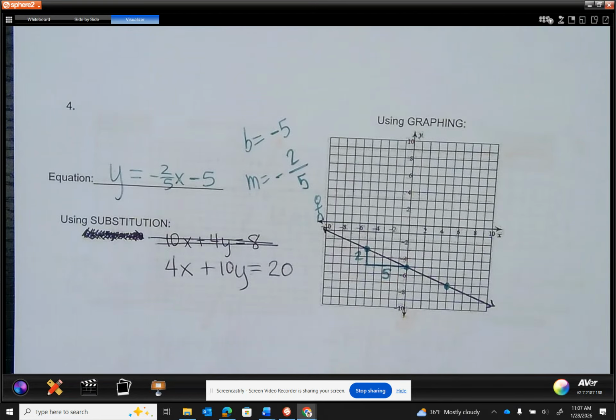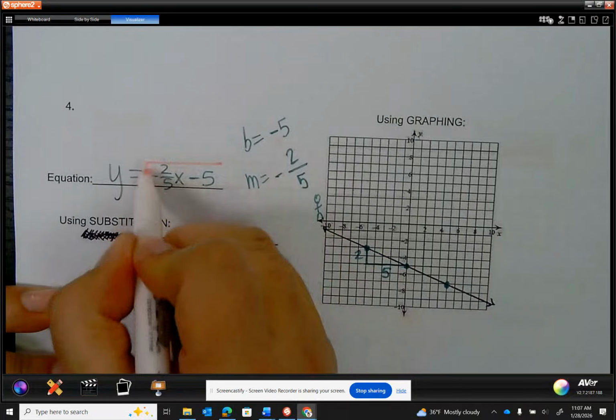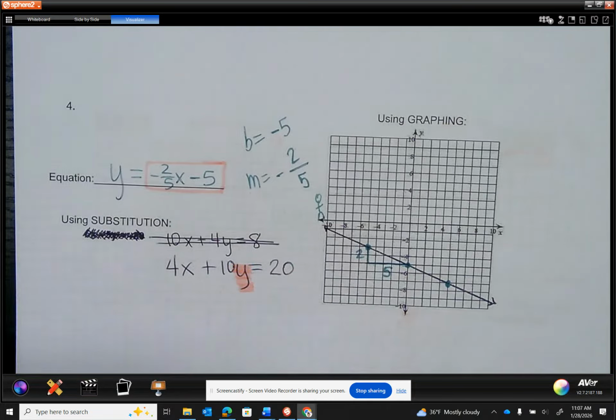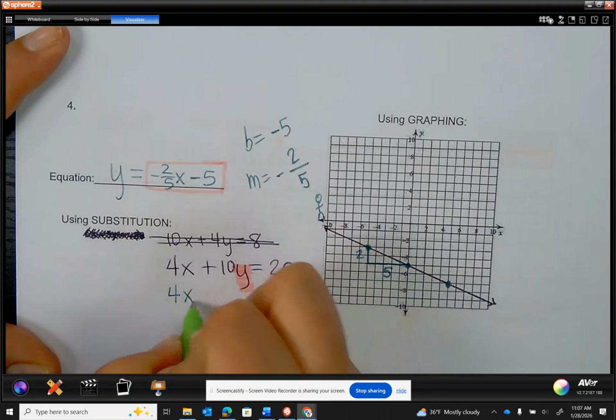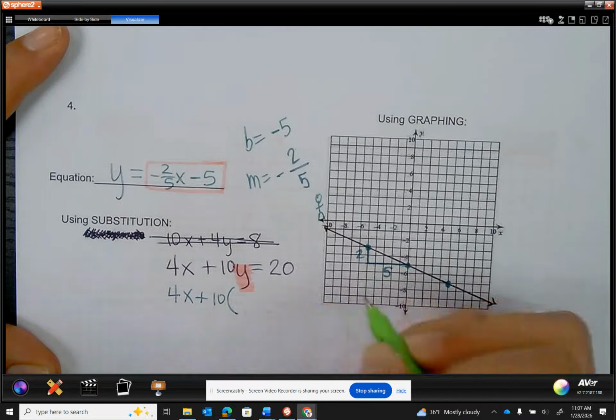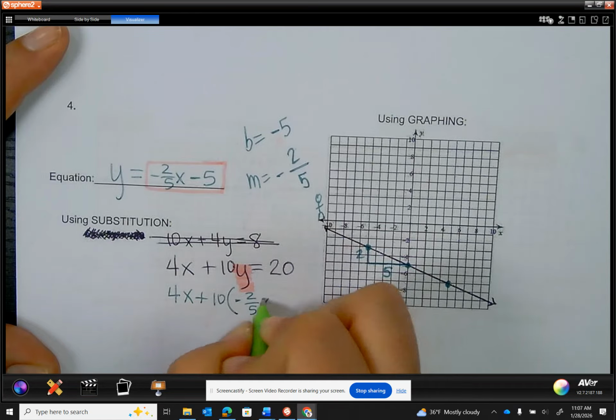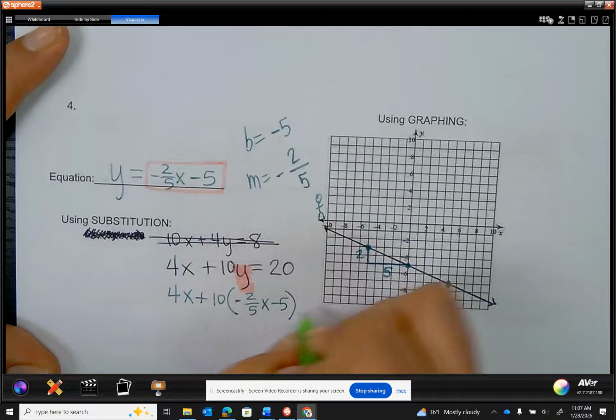Okay, the next part is we're going to solve this equation by substitution. We're going to take this part of the equation and we're going to substitute it in for y right here. So we have 4x plus 10 times, instead of y, we're going to put a negative 2/5 x minus 5, and that's all equal to 20.